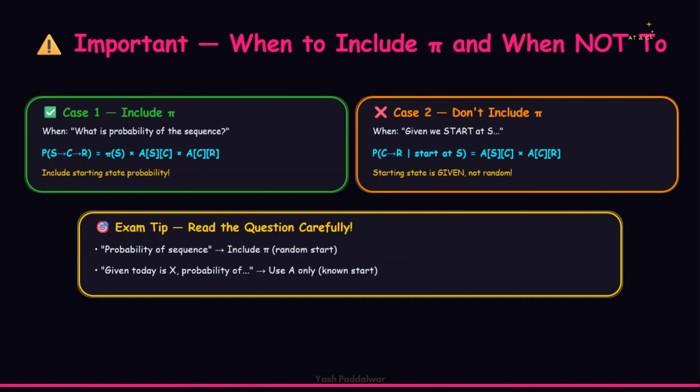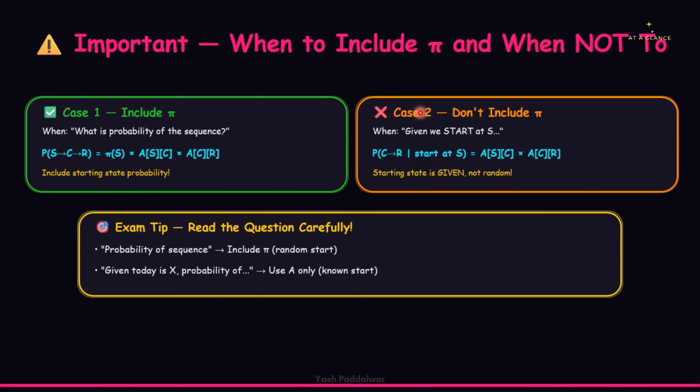Now something important that you need to note: when to include pi and when not to. Case 1, we need to include pi when the probability of the sequence is asked. Here in our case we are asked for this particular sequence probability, so we have included the initial probability pi of S, right?